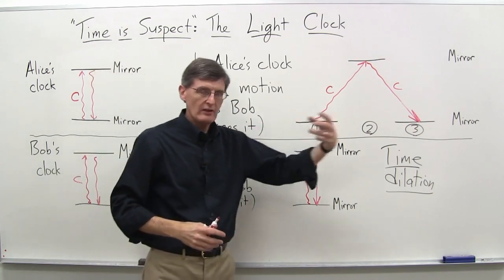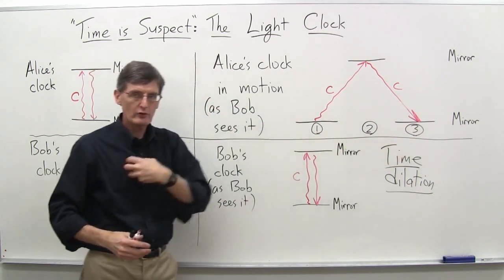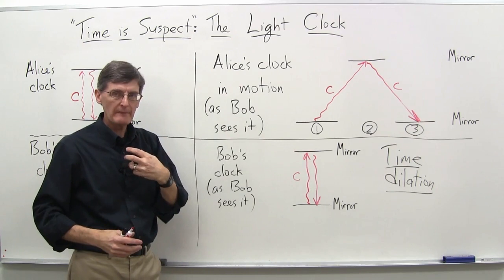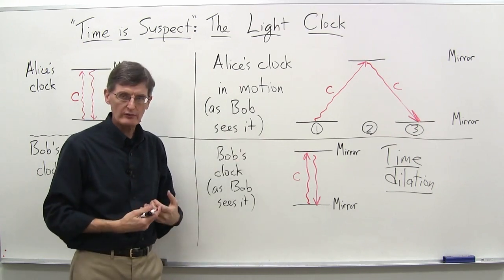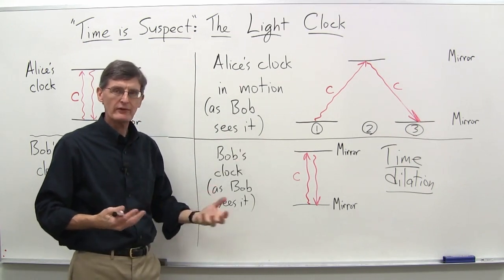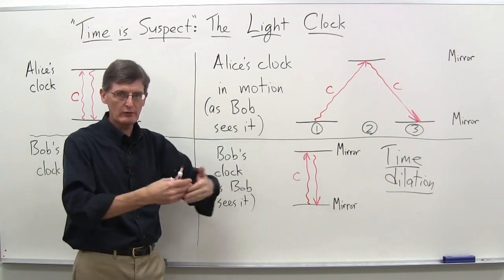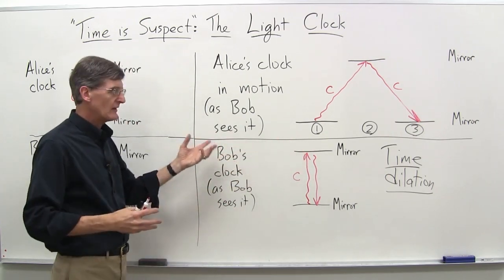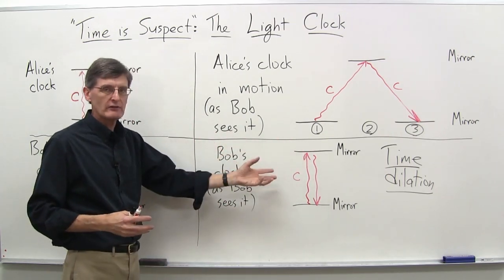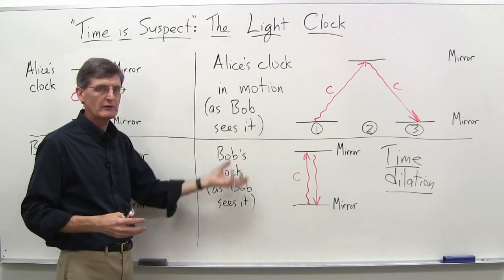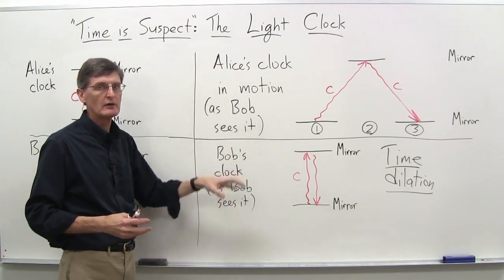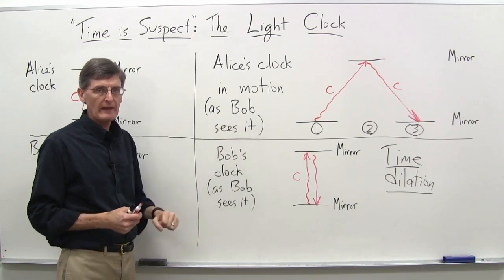And yet my friend observing me would see me as short. And you say, well, that's not a contradiction, of course. It's just how perspective works. And it's a little bit the same idea here. It's actually not a contradiction. It's just how the perspective works in terms of Alice observing Bob's clock, and Bob observing Alice's clock.